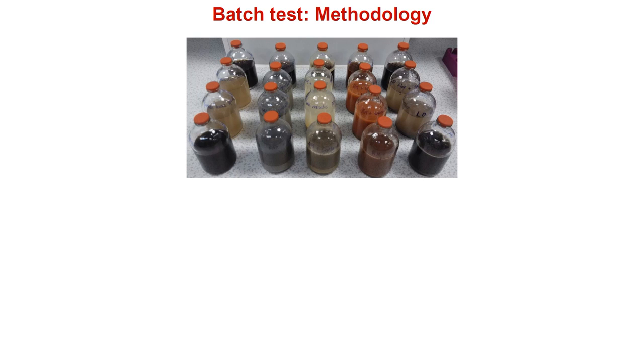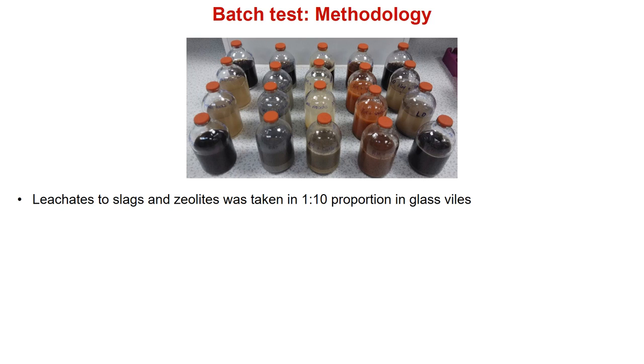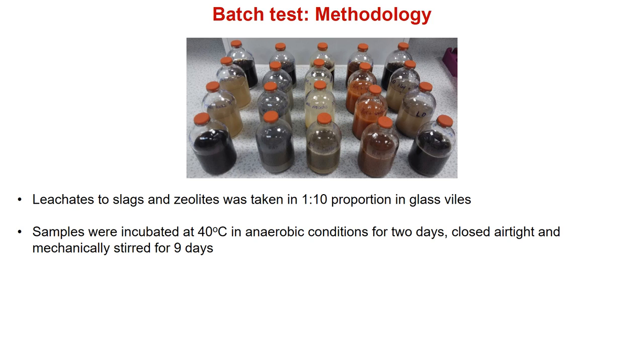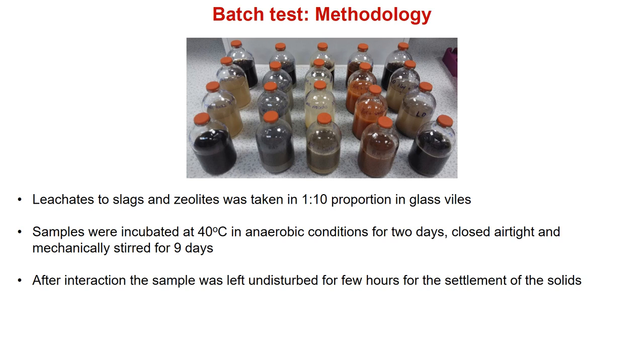The methodology adopted for batch test was: leachate and slags and zeolites were proportioned in the ratio of 1:10 in glass vials. Samples were then subsequently incubated at 40 degrees Celsius in anaerobic conditions for 2 days. Later, it was closed airtight and then mechanically stirred for 9 days.